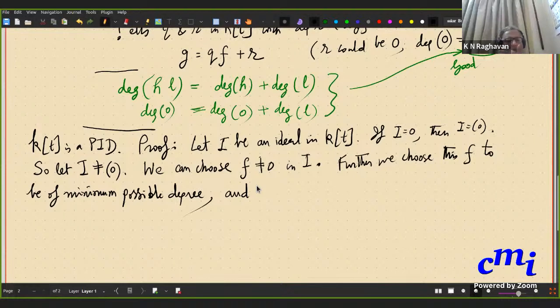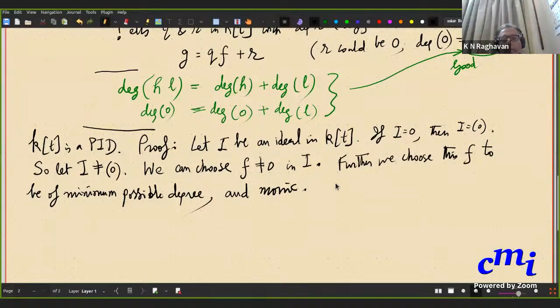If I multiply alpha t cubed plus dot dot dot by 1 over alpha, I get t cubed plus dot dot dot, which is also in I, and that will be monic, that is, its leading coefficient will be 1. So further we may choose this F to be of minimum possible degree and monic.